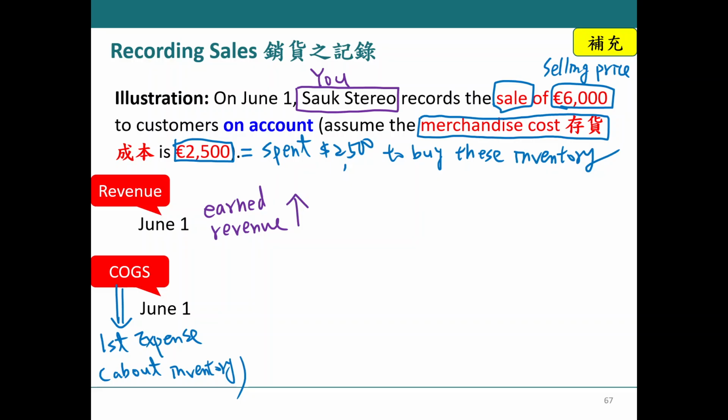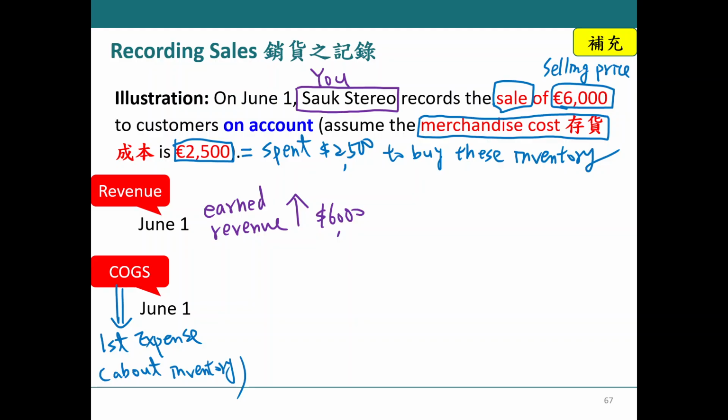How much? $6,000, right? Okay. So for that $6,000, you earn the revenues from customers. How much money did you spend to buy the inventory? $2,500, right? So when you spend $2,500 to buy the inventory, that means your inventory decreases, right?